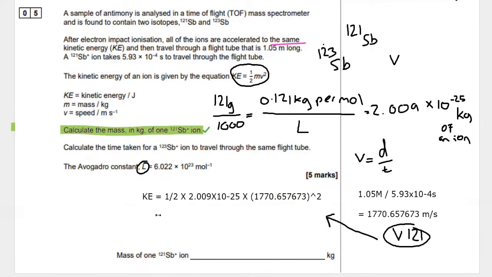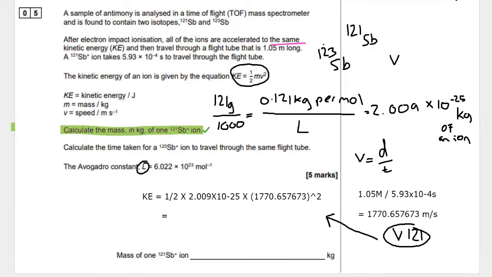Let's check it out. Square that answer, and then multiply by 0.5 times 2.009 times 10 to the minus 25, close bracket, equals, we get 3.149 or 3.15.